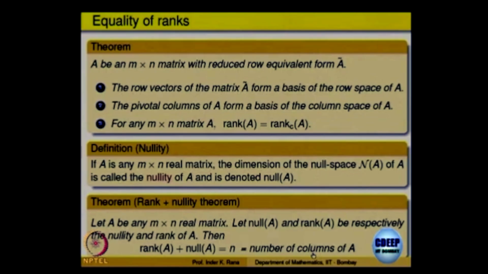So let me just summarize what we have said till now before I start looking at examples. Given a matrix A, there are three important subspaces associated with it. One is the row space, the space spanned by the row vectors of the matrix. There is the column space, spanned by the column vectors of the matrix.